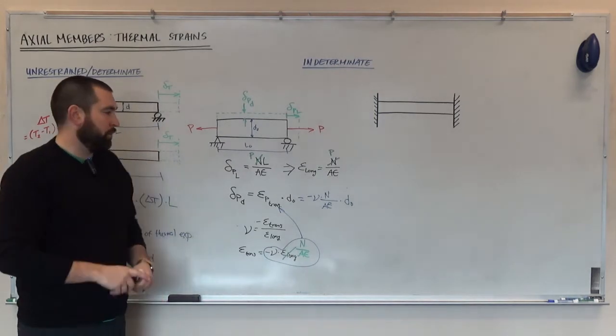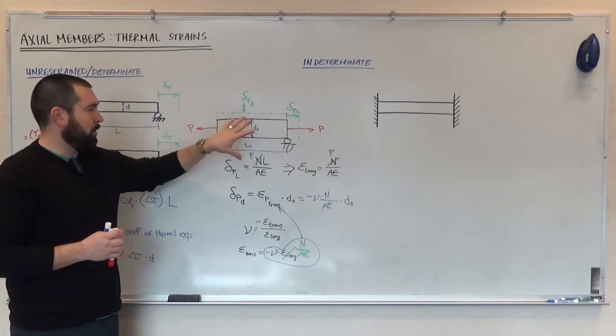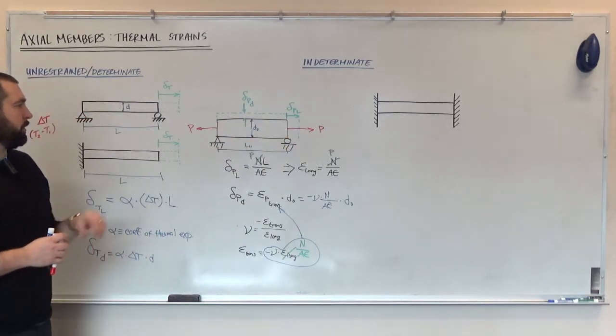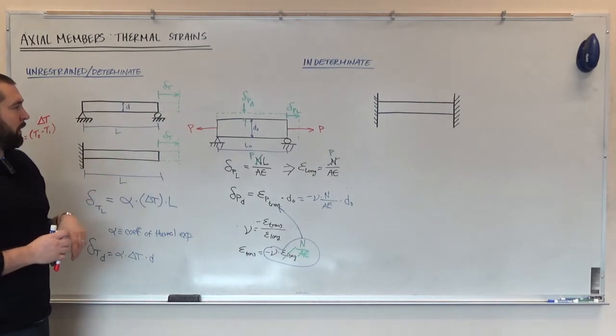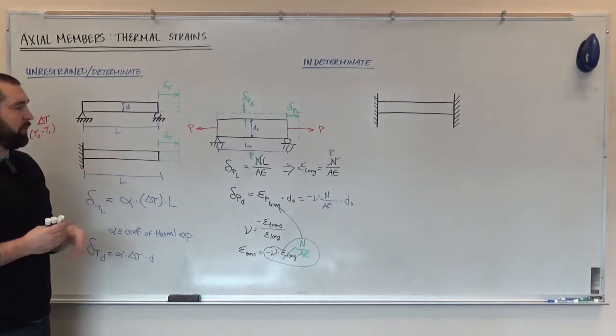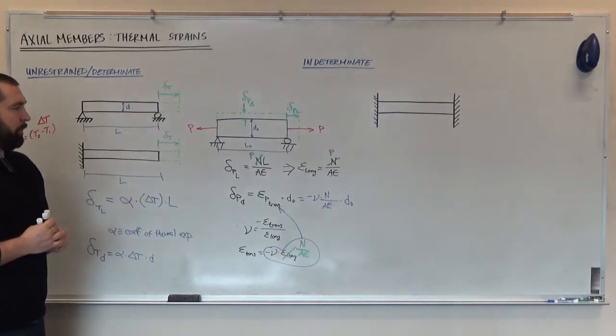So a very different process to calculate the transverse effects if you have a load-based effect compared to the transverse strain or transverse change in width if you're talking about a thermal effect. The thermal effects are much easier to deal with because it's the same strain transversely as it is longitudinally.